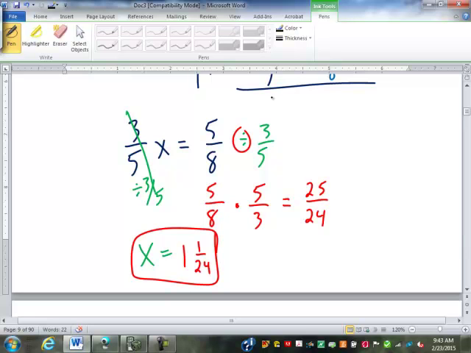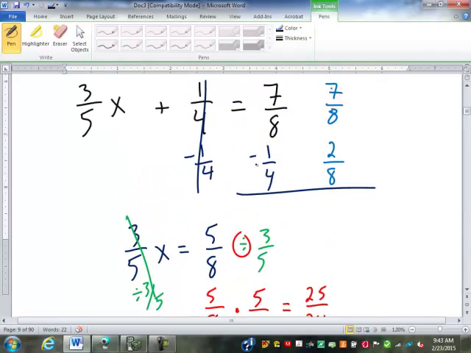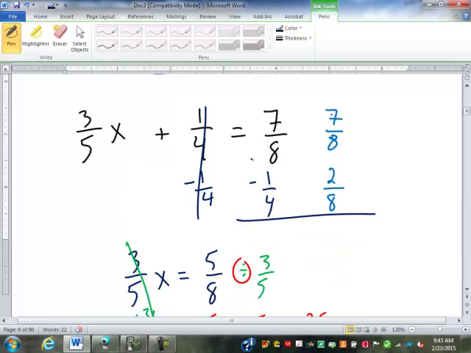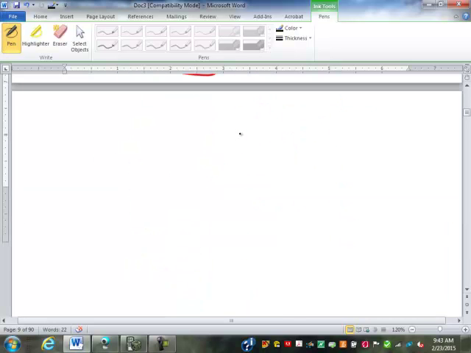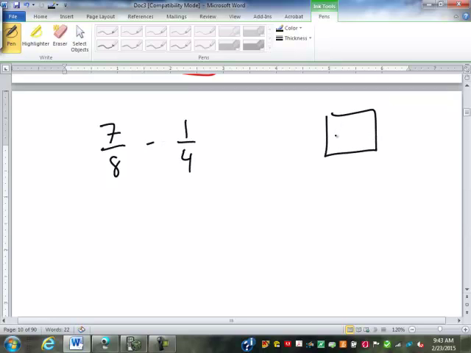Now, as promised, I told you that at some point I'd show you how to use the calculator to make these a little easier on us. And now is the time for that. So here we had to do some subtracting and dividing with our fractions. How do we make the calculator do that? If we have something like 7/8 minus 1/4, on your calculators you have a button that looks like this, A B C. Most of your calculators would be like the second row from the top, second or third button in from the left.